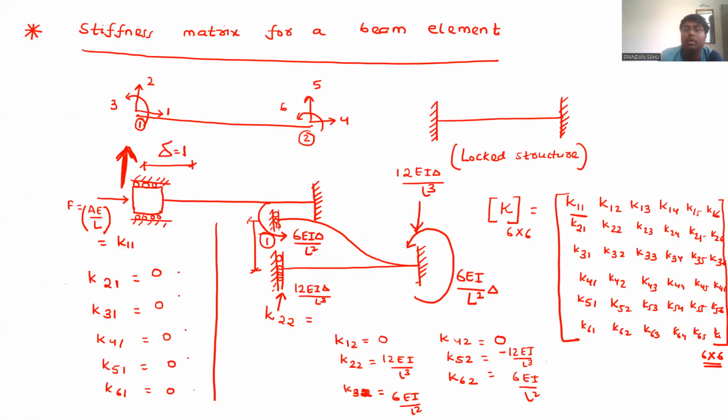Now we have to write this third column. Third column means you have to give unit rotation. Now tell me, if you have to release the rotation, then how will your beam look?